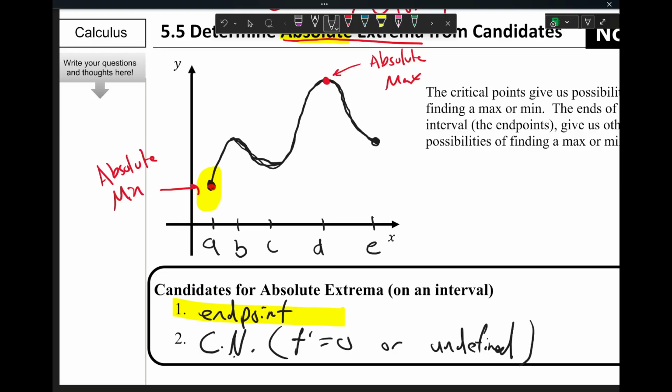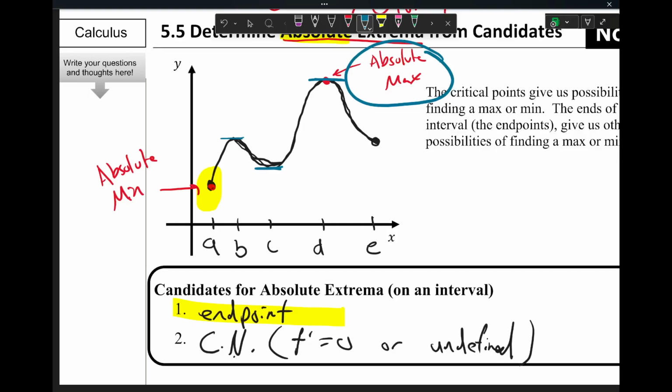Now the connection to this for the stuff that we talked about last week was critical numbers don't guarantee that we get relative maxes and mins, but all maxes and mins occur at critical numbers. So right here, anywhere where the derivative was 0 or undefined could have been an absolute max or an absolute min.